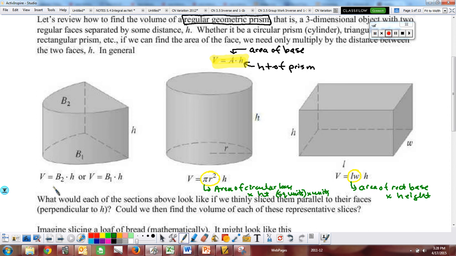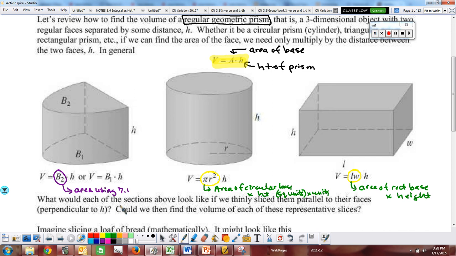Now, the base that you have does not necessarily need to be a known geometric figure, because we've learned in section 7.1 that even if you have an irregularly shaped base, I can find the area of the region using our techniques from 7.1.